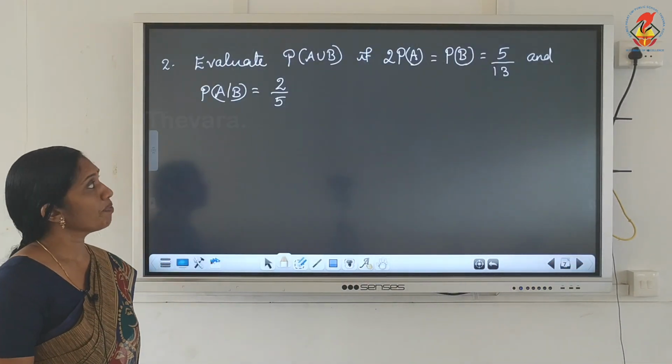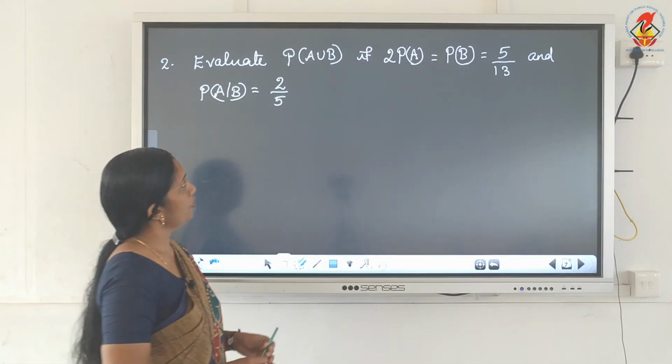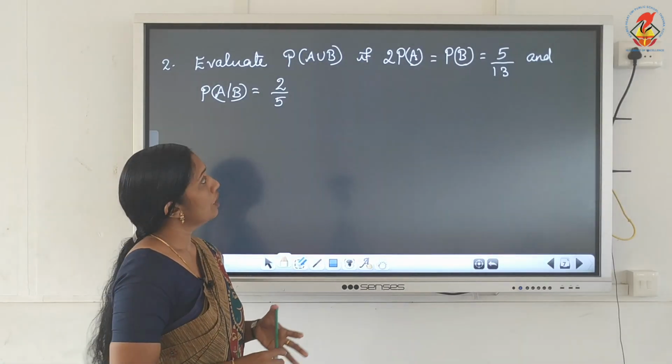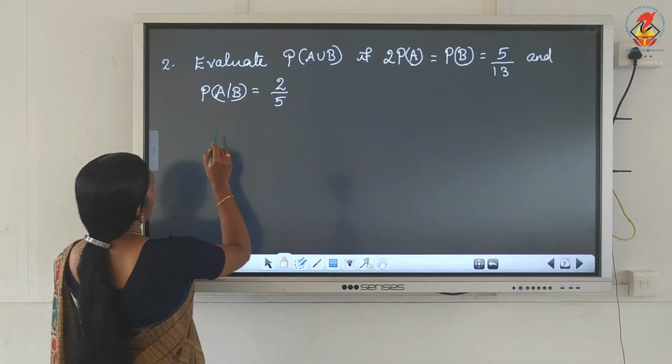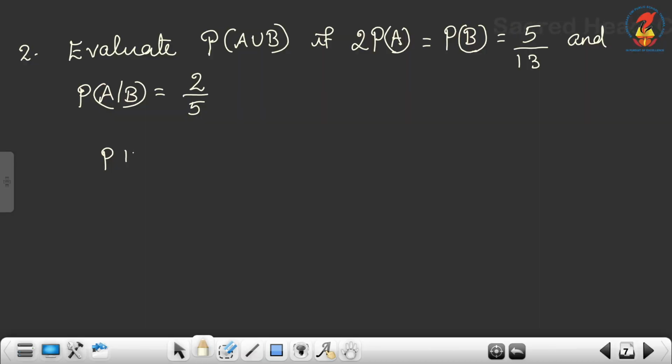Now the next one, evaluate P(A union B) if 2 P(A) is equal to P(B) equal to 5 by 13 and P(A given B) is 2 by 5. So we can write P(B) is 5 by 13.